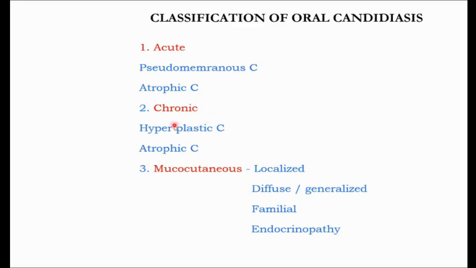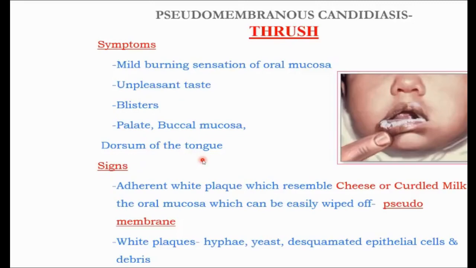Okay, so it is chronic hyperplastic candidiasis, chronic atrophic candidiasis, acute pseudomembranous candidiasis, acute atrophic candidiasis. And the other type is the mucocutaneous, which we will discuss at the end, with just a few things you should know about it. So the main ones are these two. Let's look at them one by one.